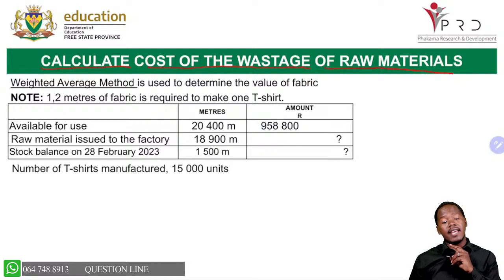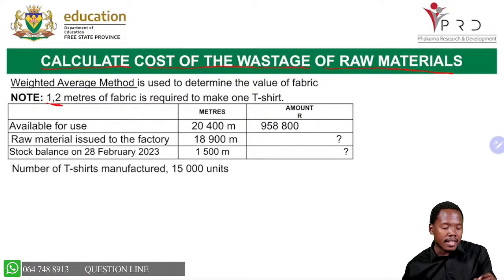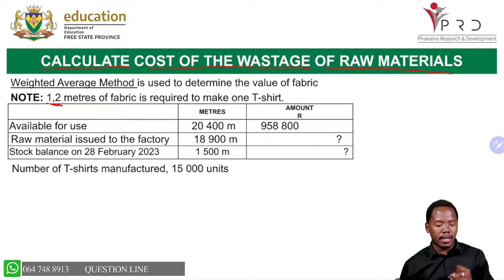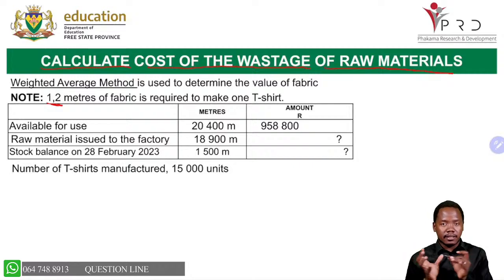Remember what we have done earlier? We said the business is using the weighted average method to determine the value of fabric. And then note, we have 1.2 meters that will be required for us to make one t-shirt. Let's look at the information given to us. We just extracted the information we need for us to work.